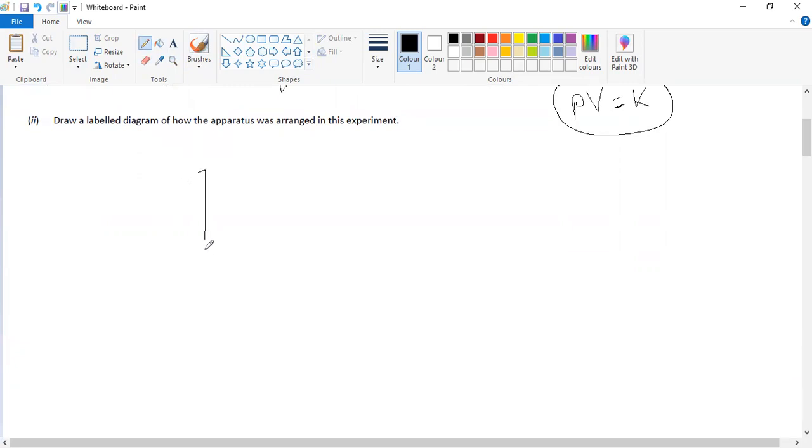And you'll have your column, which will be partially filled. In this case, if it's air, you might be doing something a bit different. I'll just draw my standard diagram and we'll have a chat then. This is your column, and there's some oil here, and there's air up the top here.